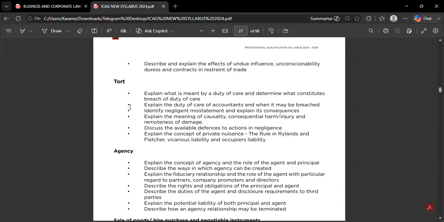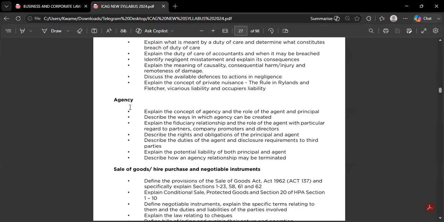Then, as I earlier hinted, we have agency, which outlines the relationship between an agent and a principal, where the principal is the one in charge, or is being represented by the agent. We have the duties of the principal, we have the duties of the agent, and they all have their rights.